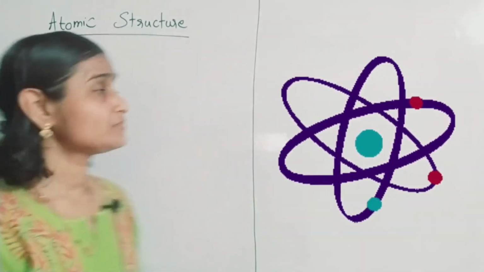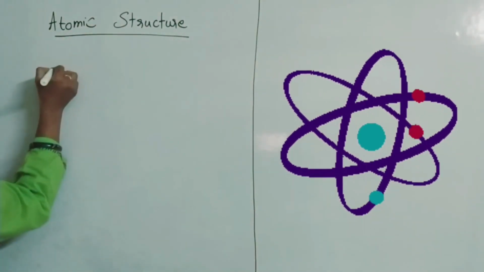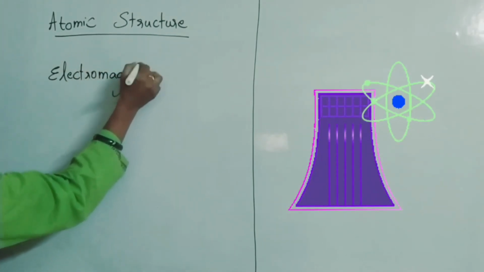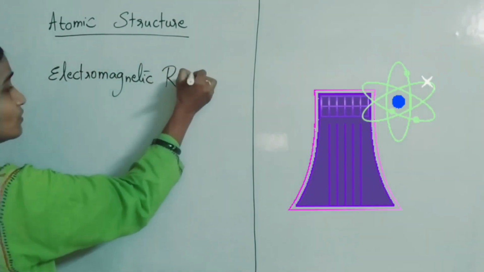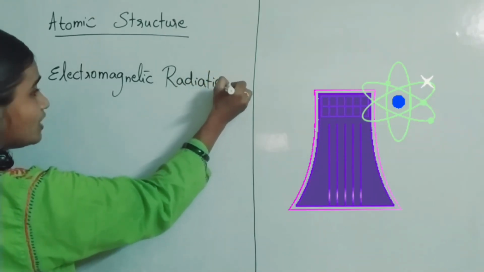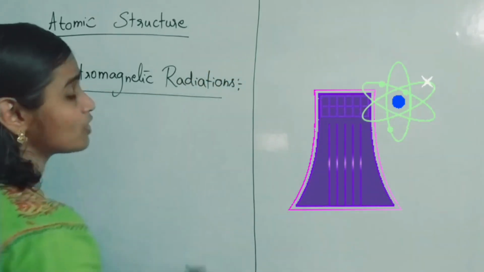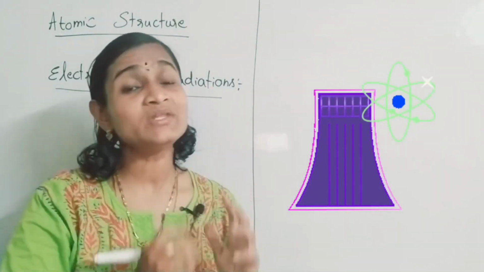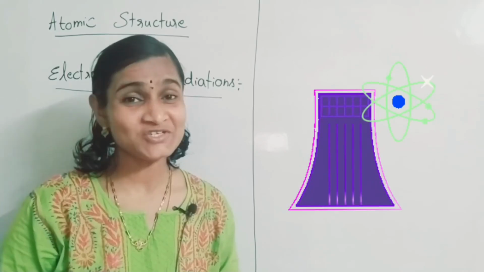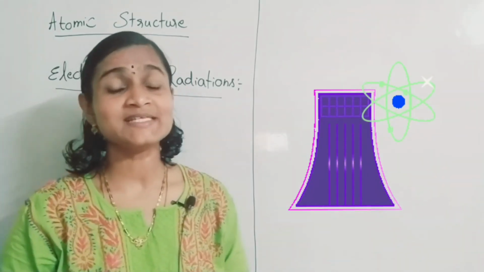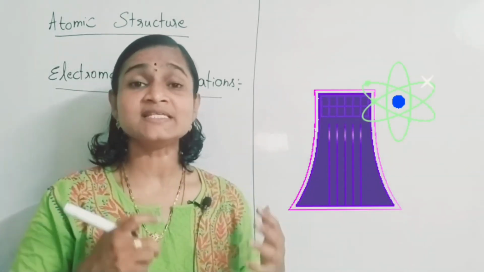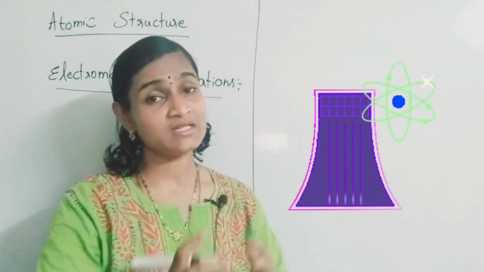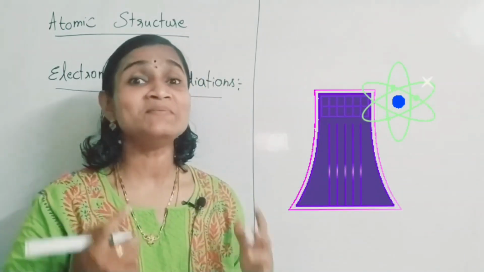First we are going to learn about electromagnetic radiations. What are electromagnetic radiations? You all know that radiation is the process in which heat is transmitted from one place to another without the requirement of any medium.